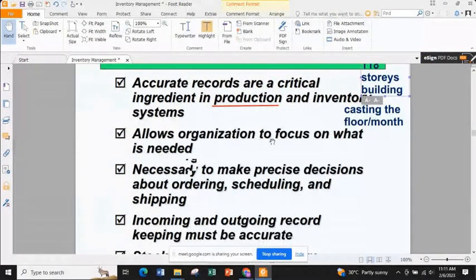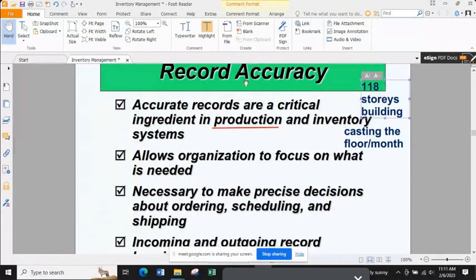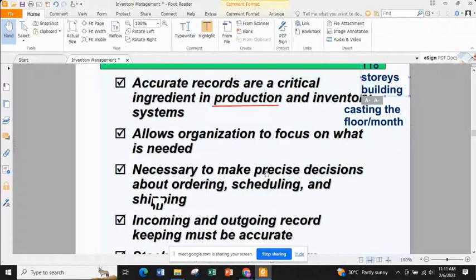We are using it to monitor the production and inventory system. It allows the organization to focus on what is needed. So when you have a proper record, you can present all the data easily, and then your top management can easily focus on what is needed. It is necessary to make precise decisions about ordering, scheduling, and keeping. You have a good record, so you can forecast.